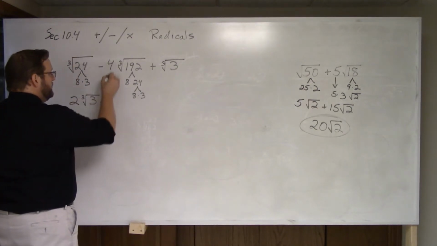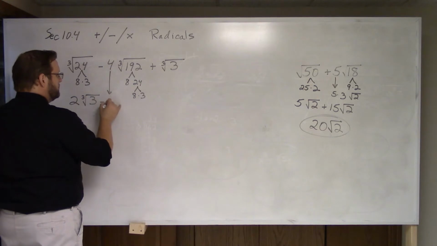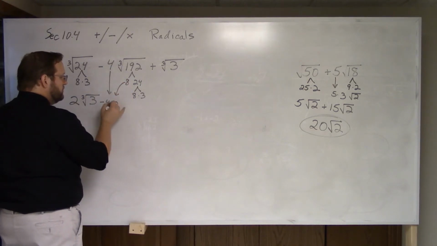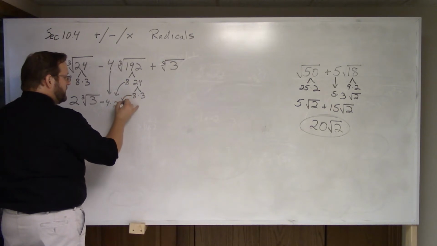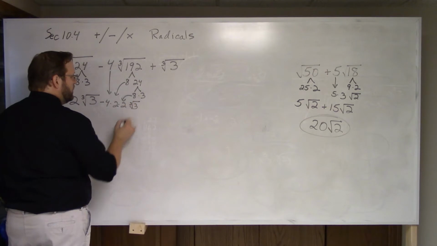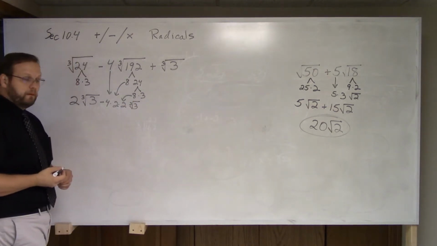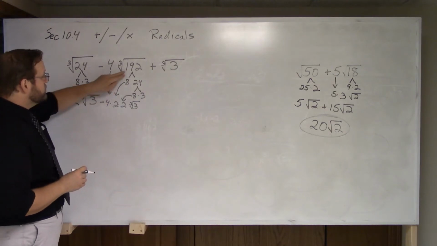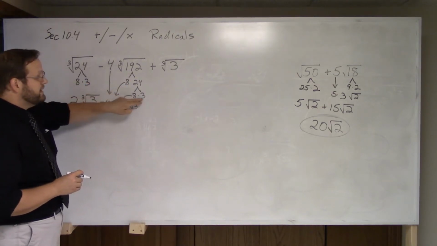I have the 4 coming down, but then I have this 8, the cube root of 8 is 2, cube root of that other 8 is 2, and then I have the cube root of 3. Okay, I still need to multiply those together, but that's where it all falls out. So 192 is an 8 times 8 times 3.